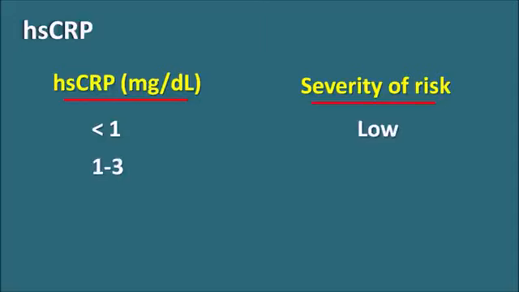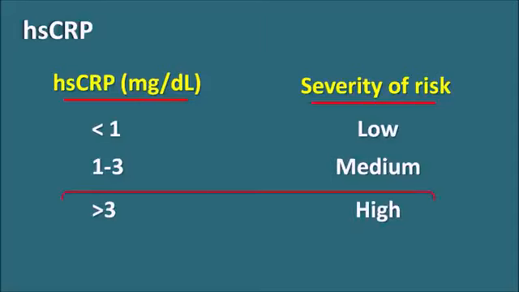If it is 1 to 3, there is an intermediate or medium risk in the patients. But when the levels are elevated greater than 3 mg per dl, there is a high risk of cardiovascular disorders. So whenever these HS-CRP levels are elevated greater than 3, it indicates a high risk for cardiovascular and other inflammatory disorders, so it should be immediately treated.